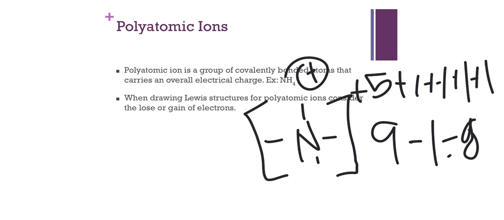That's the only difference in the Lewis structures of polyatomic ions versus normal covalent bonds: you just add the brackets and the charge. Really, the brackets are just a formality, a reminder that NH4 by itself has 9 electrons, but with the charge, we are losing that 1 electron.